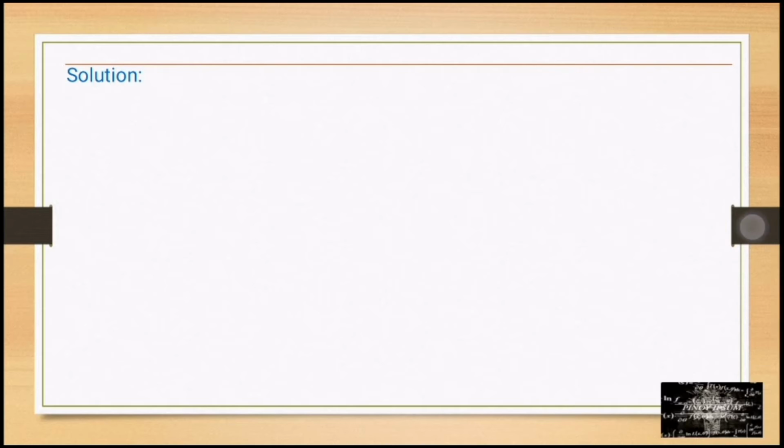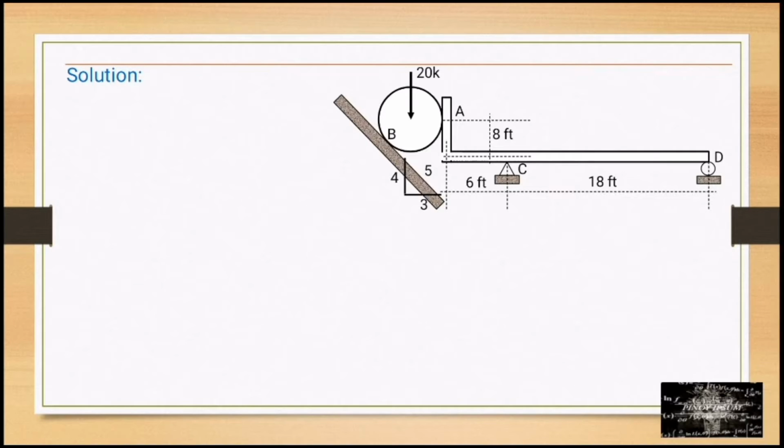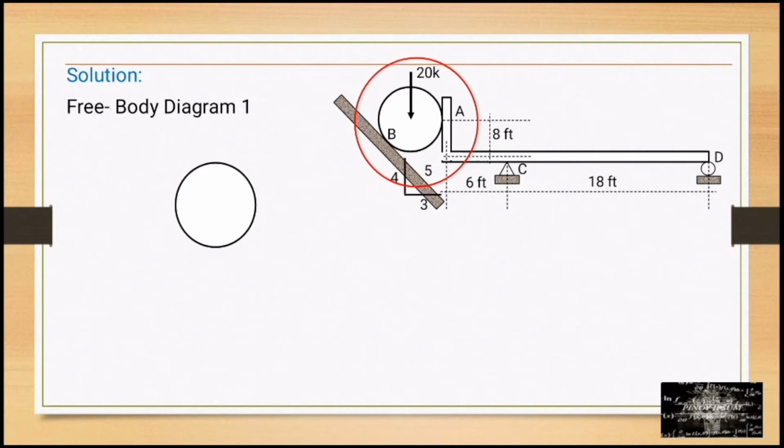So solusyon. Since naka-composite structure, so mayroon frame, mayroong weight. So pwede nating i-isolate. Ang una nating i-isolate para mas madali yung weight. Ito siya. So gawa tayo ng free body diagram number 1. Okay.